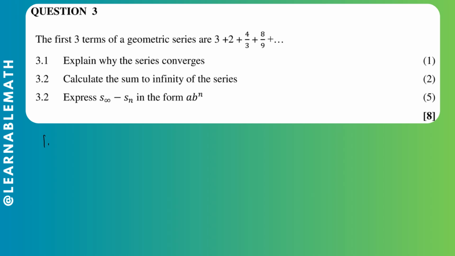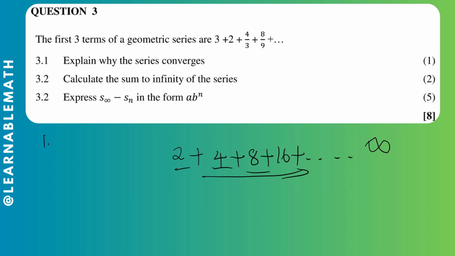If it were diverging, you would find, for example, a series like 2 plus 4 plus 8 plus 16, to infinity. You can see as we progress from one term to another, the terms are increasing towards infinity. That one is diverging.